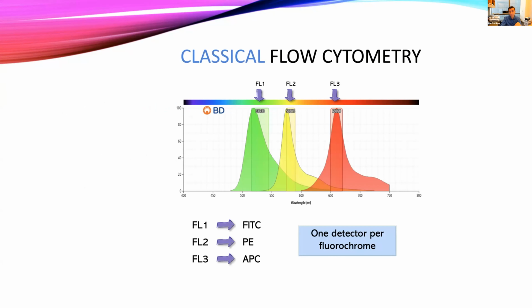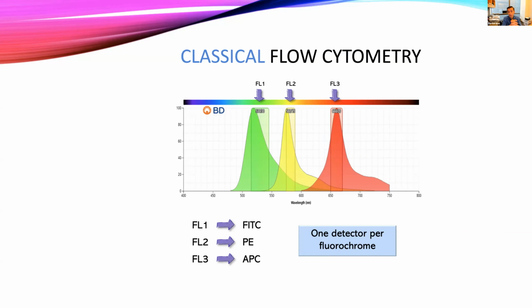So again, classical flow cytometry works by essentially assigning one detector per fluorochrome. For instance, if we have 3 fluorochromes, FITC, PE, and APC, we would assign 3 detectors, one for FITC, one for PE, and one for APC.